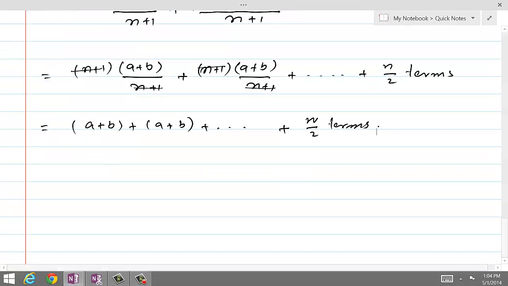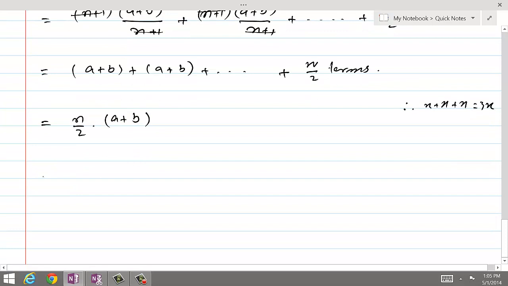If there was x plus x plus x, this would be 3x, right? So if there are n by 2 times a plus b, a plus b, a plus b, and we are adding them, the result would be n by 2 times (a plus b), which gives us n times (a plus b) over 2.